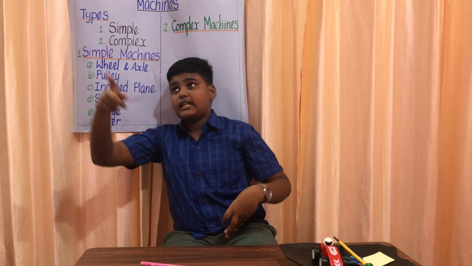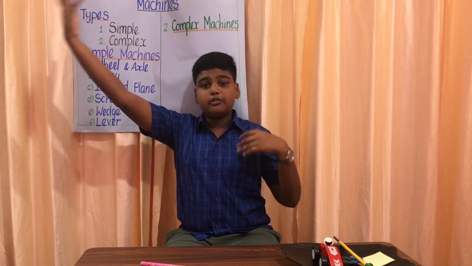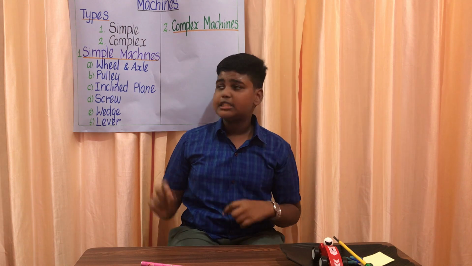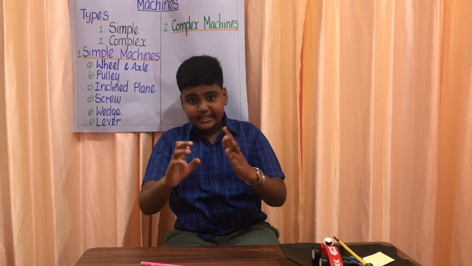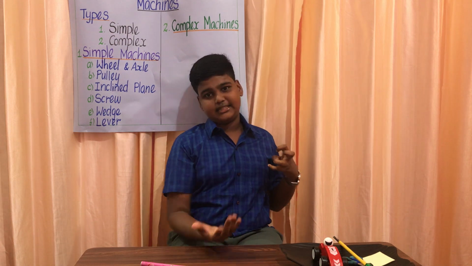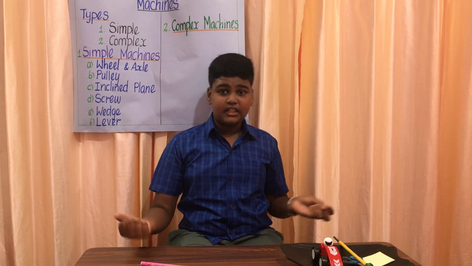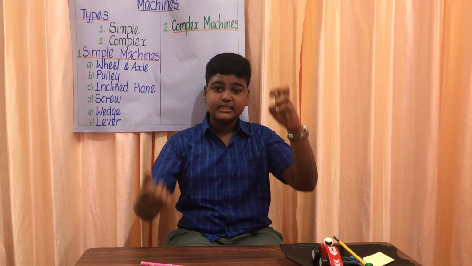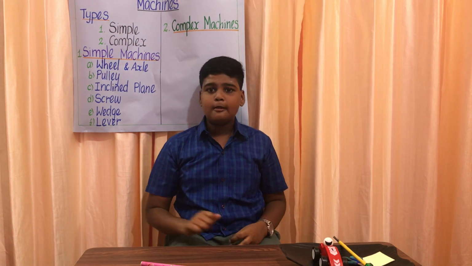When it rotates, the flag on the other side goes to a higher position and it opens. So this is the work of the pulley. It changes the direction of the effort that is given. This helps in many ways for lifting heavy things and also lowering heavy things.